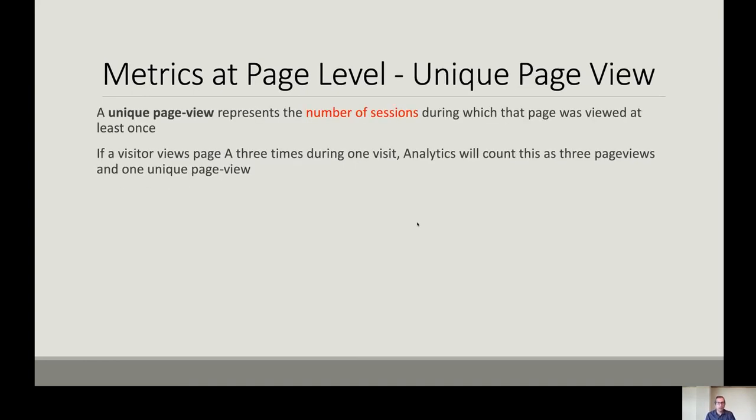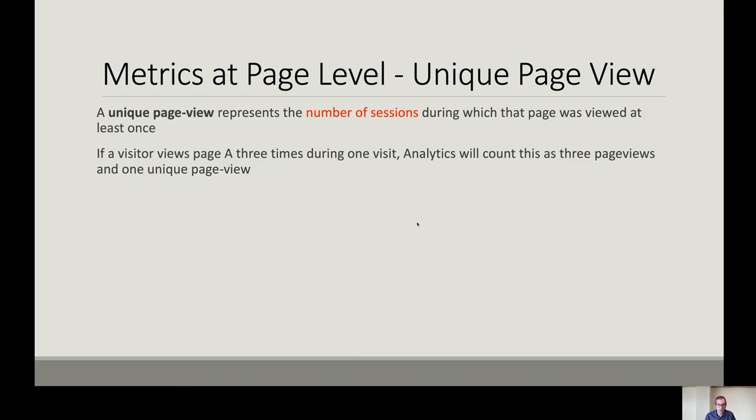Now there is a difference between page views and another metric which is called unique page view, right? So a unique page view represents the total number of sessions during which that particular page was viewed at least one time, okay? So for example, if a visitor views page A on a website 3 times during a visit, Google counts that as 3 page views, but only one unique page view, right?